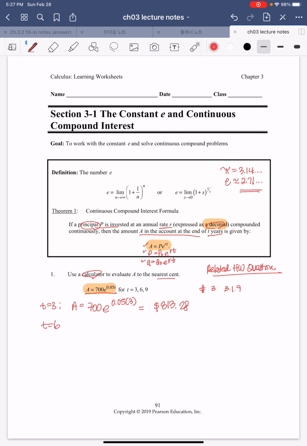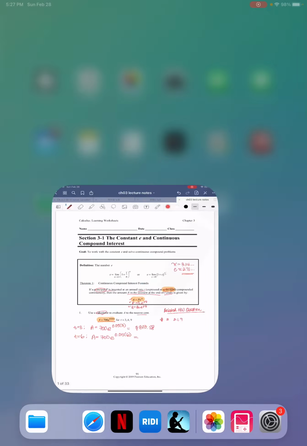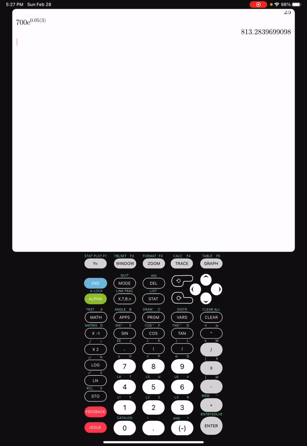We have t equals 6, so same thing, just getting familiar with the formula and calculator. 700, plug it in, t equals 6. This time it looks like you're putting the money in for 6 years. So let's pull out the calculator. 700 e raised to 0.05 times 6 years.